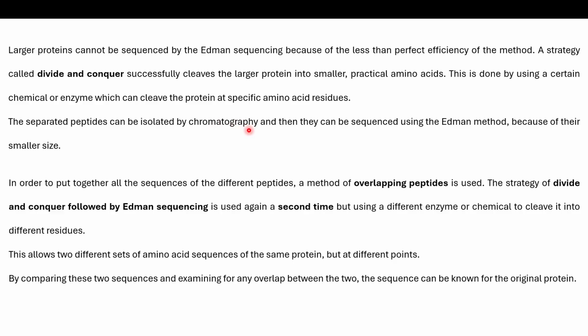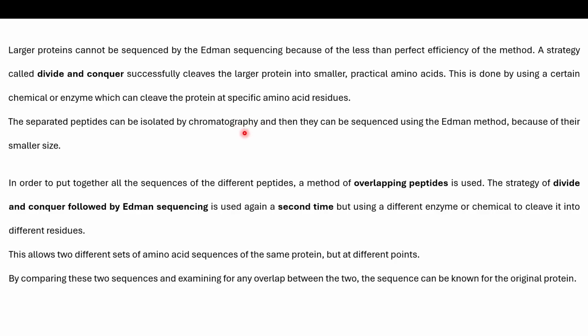Similarly, suppose we use another protease, B, which only cleaves after the A residue. Again it will give three peptide sequences, but of different composition: CHROMA, then TOGRA, then PHY.